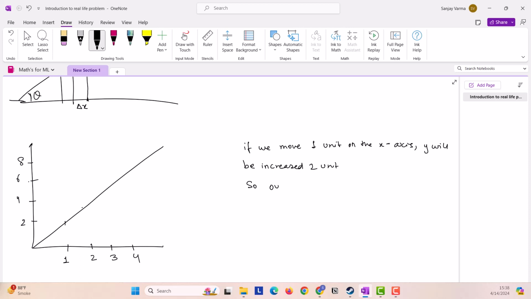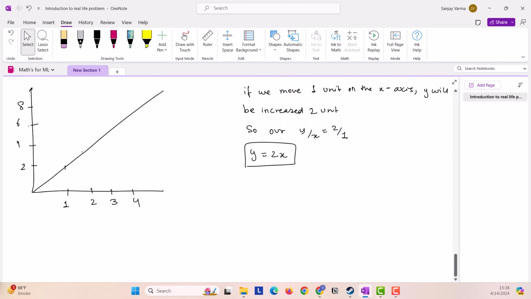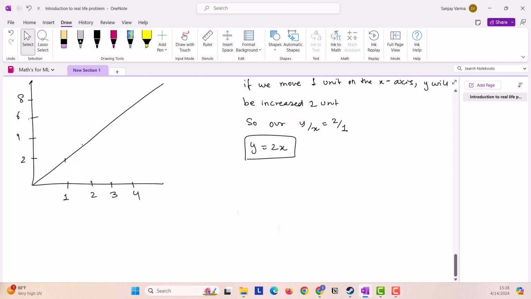So y by x is equal to 2 by 1, and the equation is y equals 2x. So this is our equation of the line for this. I hope you understand why y by x comes up and what the meaning behind it is, right?